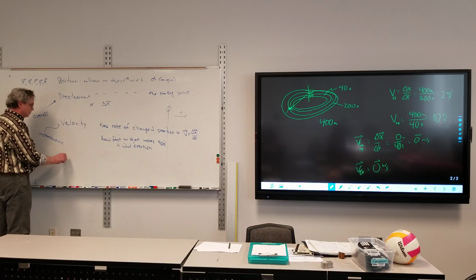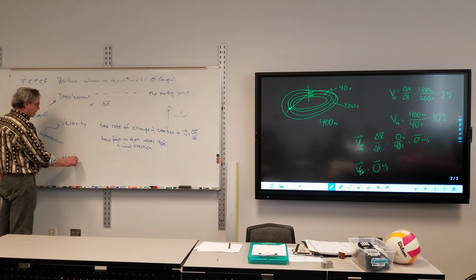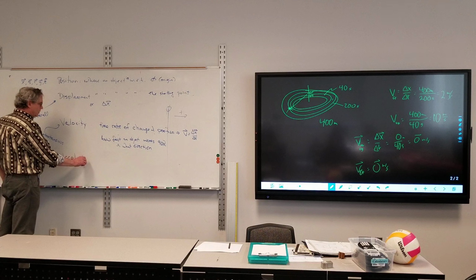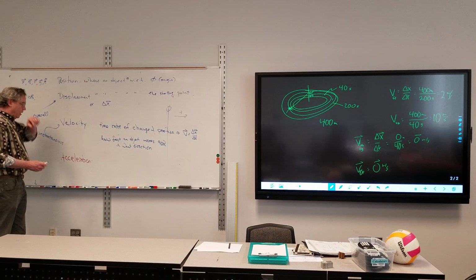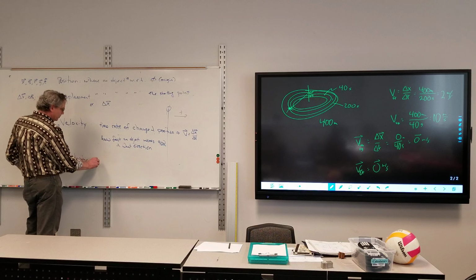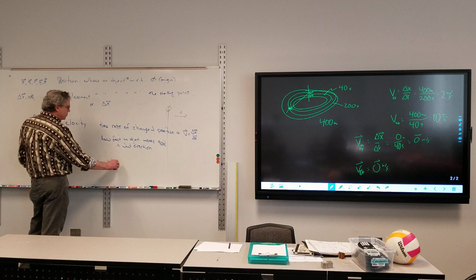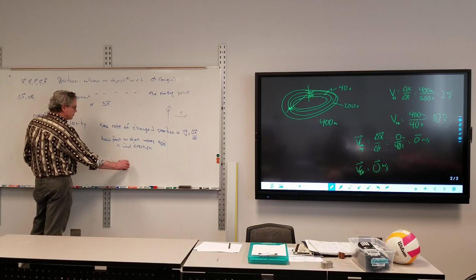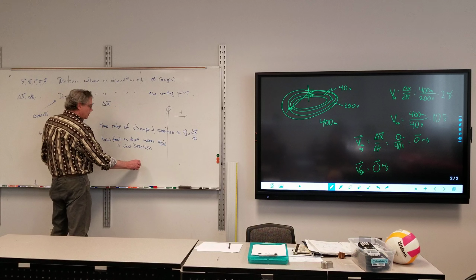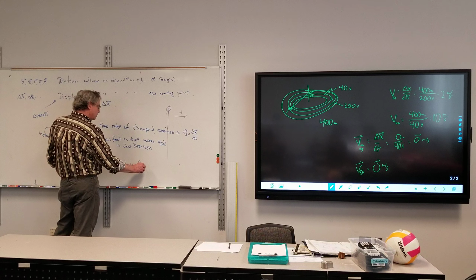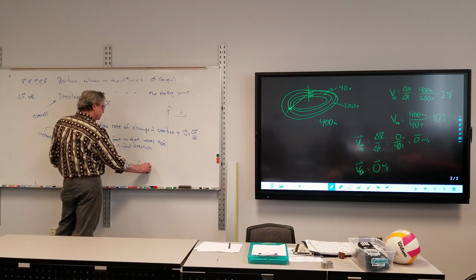Acceleration. Time rate of change of velocity.